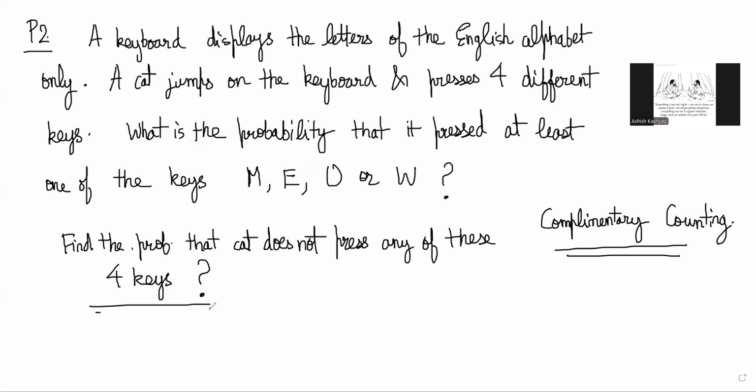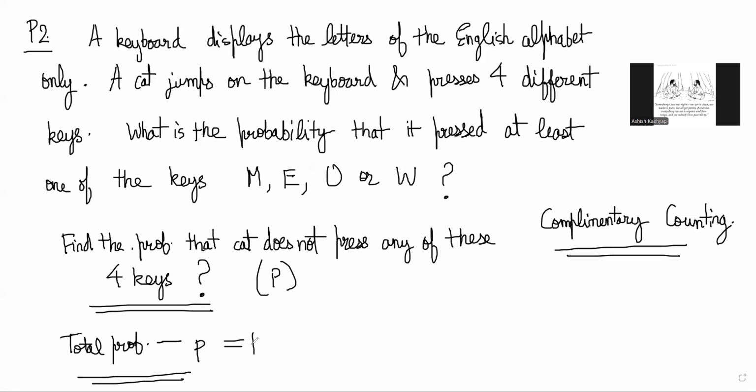If you can find this probability, what we can do is subtract it from total probability. Let's say this was P. Total probability minus P would be the probability that it pressed at least one of these keys.